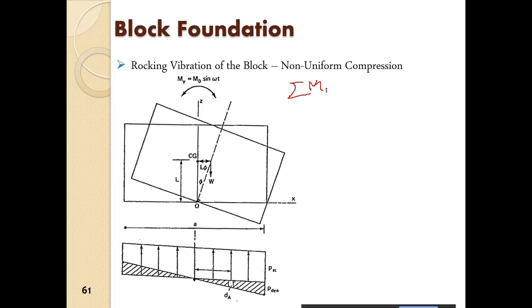So summation of moment is equal to M naught sine omega t plus WL phi minus c phi into the angle of rotation into the area moment of inertia of the base foundation base, that is.